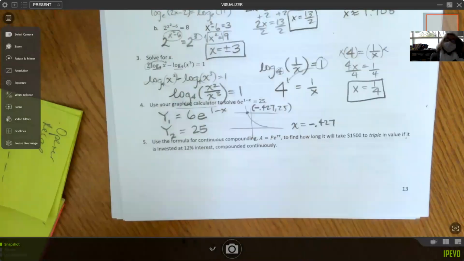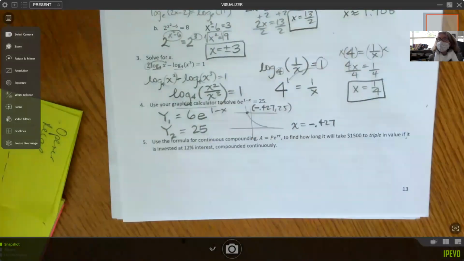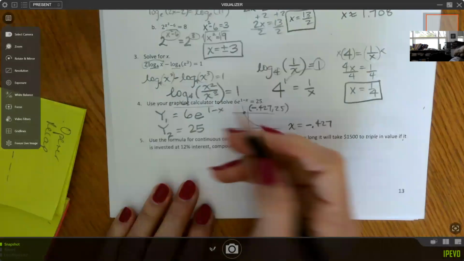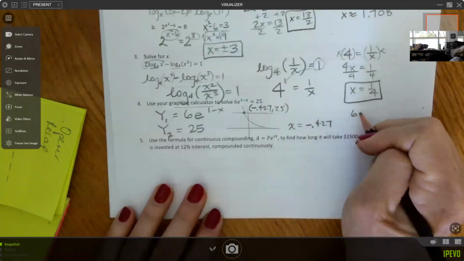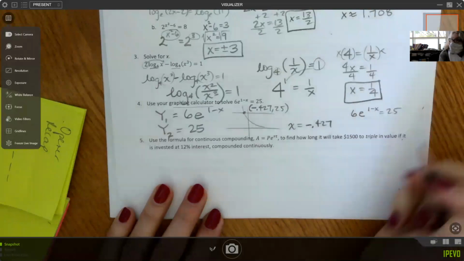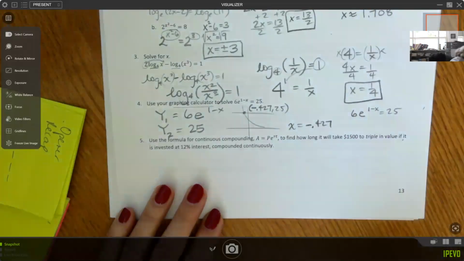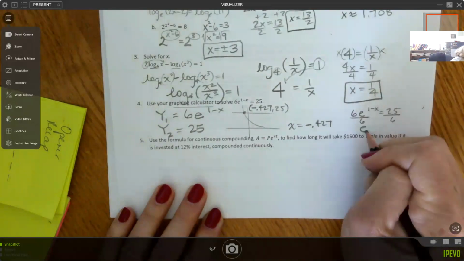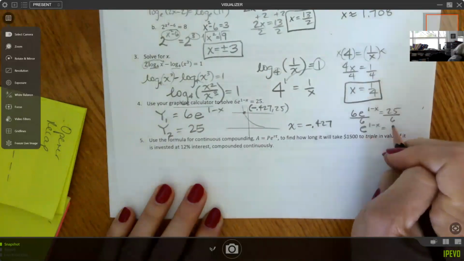And I think it's important to say, you could solve this equation, right? I don't need to do this with a calculator. I could write out, when does 6 times e to the 1 minus x equal 25, right? And I could divide both sides by 6. Now I'd have e to the 1 minus x equals 25 over 6.